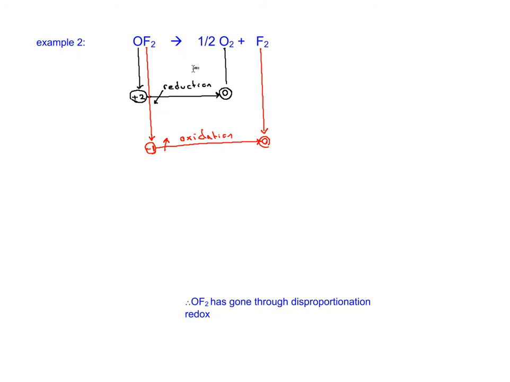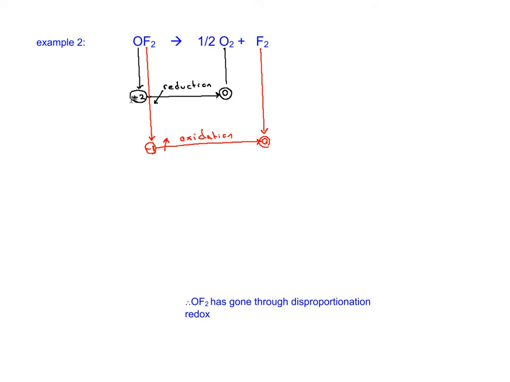The second example, I'm going to look at the reaction of OF2 becoming half O2 and F2. Now you have to remember one rule: fluorine is always -1, it doesn't have the luxury of changing oxidation state. So fluorine is -1. That means oxygen is +2 because you have 2 fluoride. Now if you look at oxygen on the product, it's free, so it's 0.